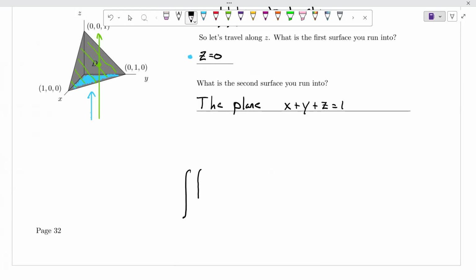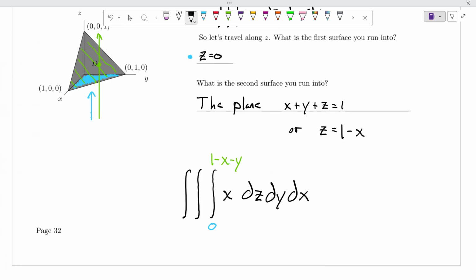So my integral right now is x, because that's the thing I'm integrating, dz dy dx, where my z bounds start at 0 and then go to 1 minus x minus y, because I got that from taking the plane and solving it for z.